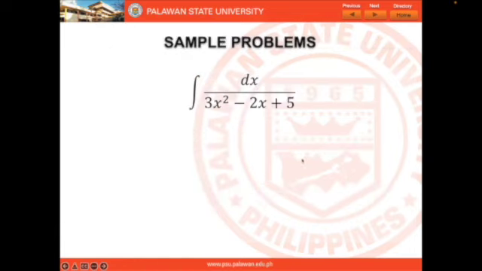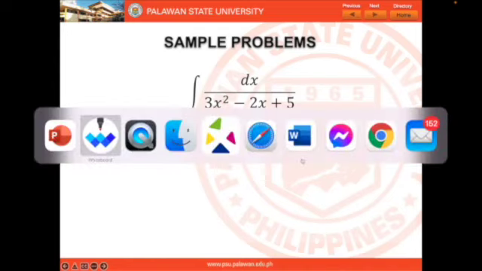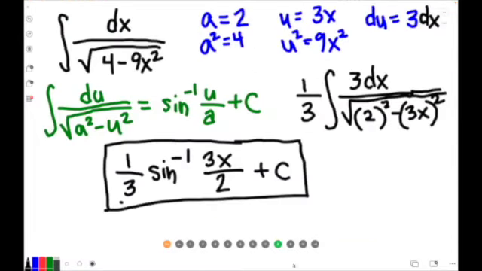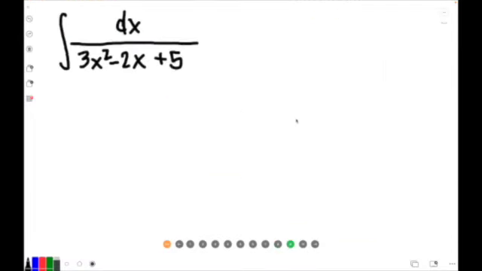Okay, so this is our problem. Let's go to our whiteboard. We have dx all over 3x squared minus 2x plus 5, and we need to integrate that.